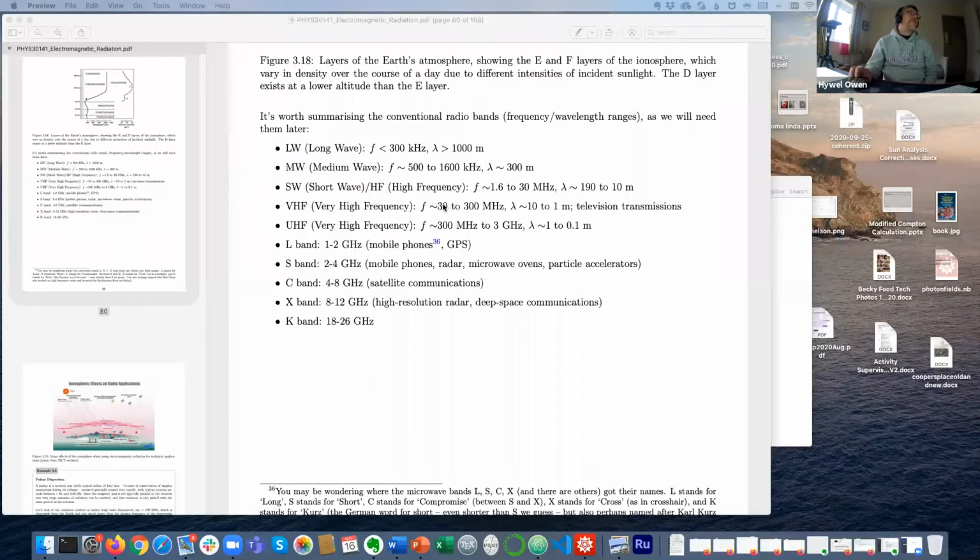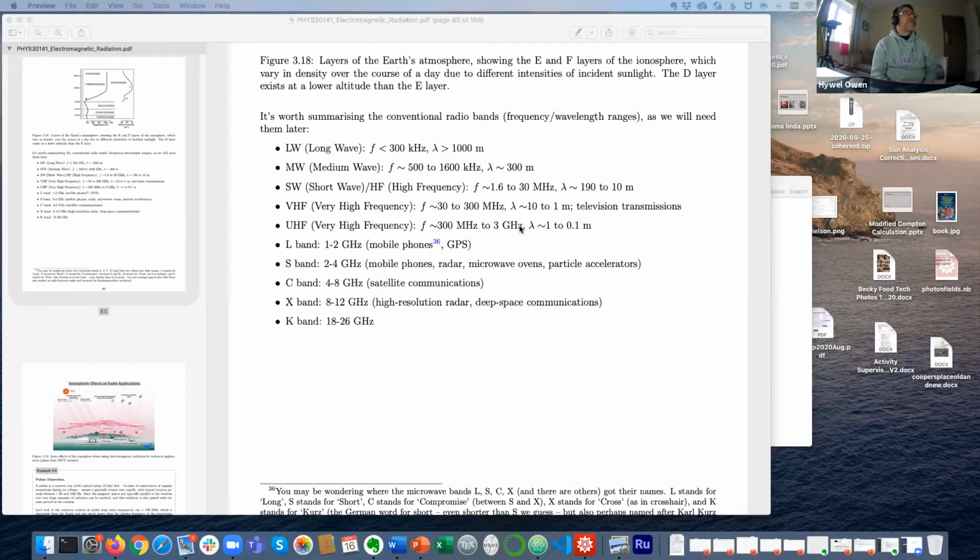So your very high frequencies, this 300 megahertz to 3 gigahertz range, is the one that's used for all sorts of devices. And you're probably aware that your mobile phone runs somewhere around the 1 gigahertz mark. Your microwave ovens run at 2 gigahertz, so they will interfere with some Wi-Fi signals. Your Wi-Fi runs at between 2 and 5 gigahertz, and so on. Okay.